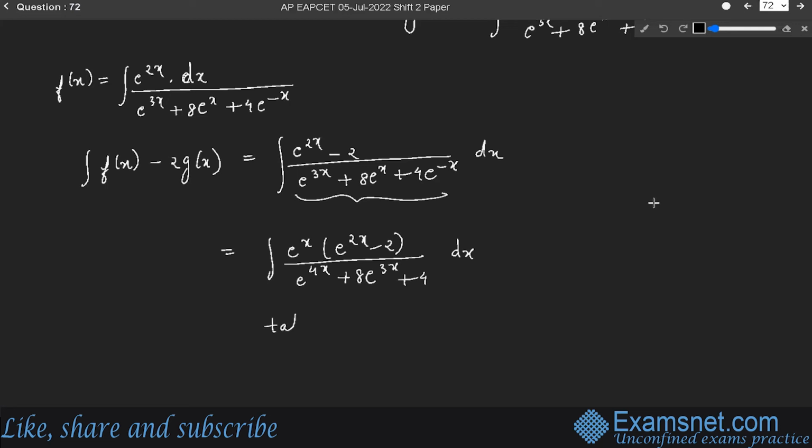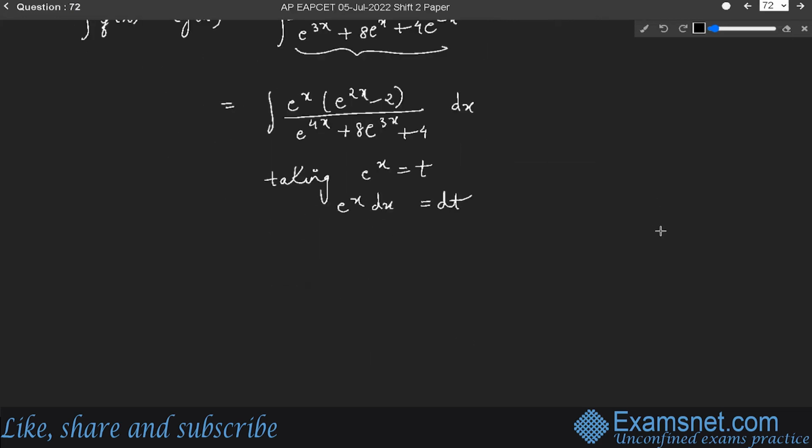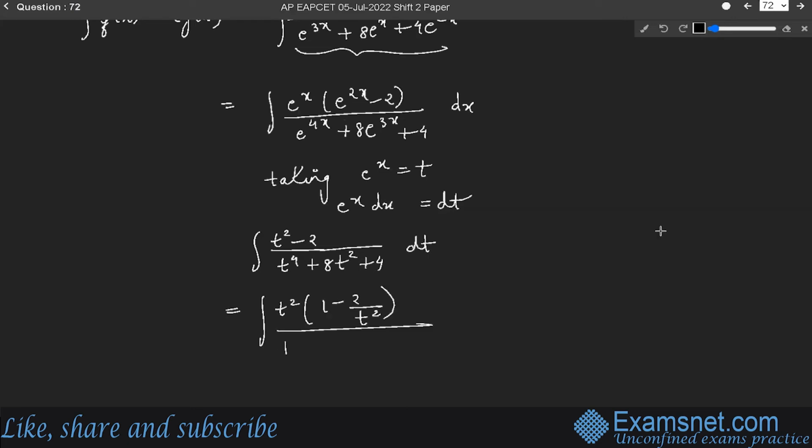Now, taking e to the power x equal to t, e to the power x dx will be equal to dt. On substituting all the values here, it becomes integral of (t square minus 2) divided by (t power 4 plus 8 into t square plus 4) dt, which will be equal to integral of t square (1 minus 2 upon t square) divided by t square into (t square plus 8 plus 4 upon t square) dt.